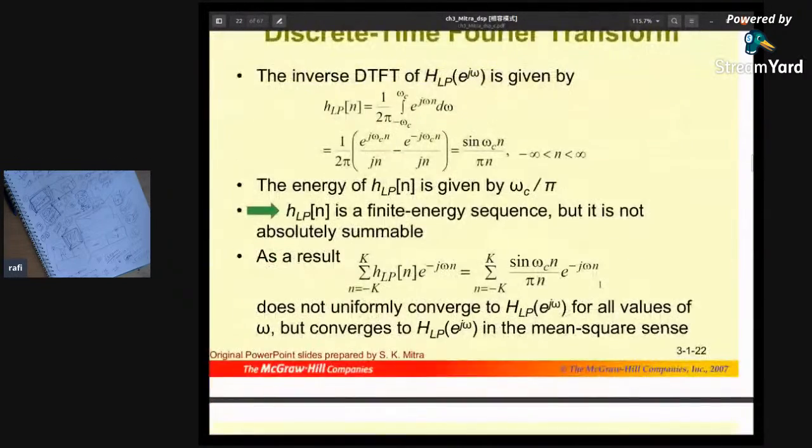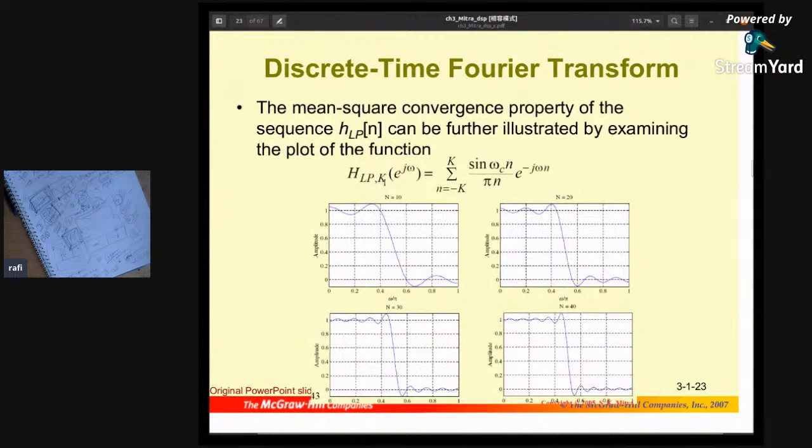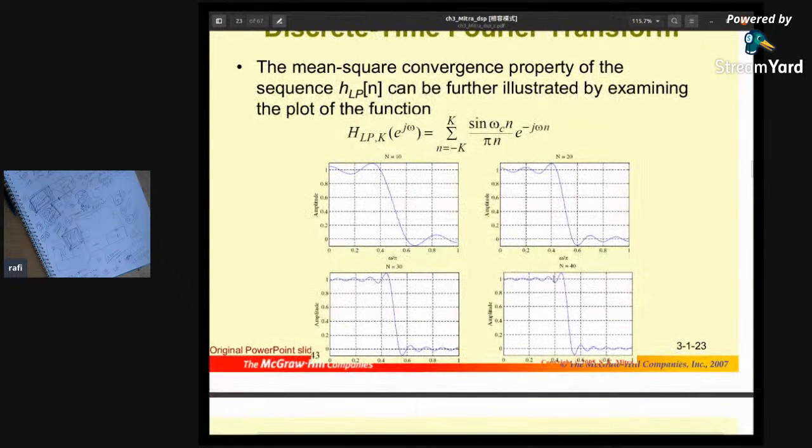So in such a case, you will get oscillations like this. And no matter whatever k you choose, order k of 20, 30, 40, whatever, these oscillations will not go down.